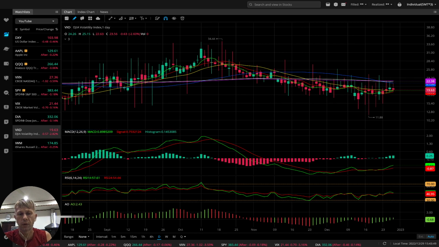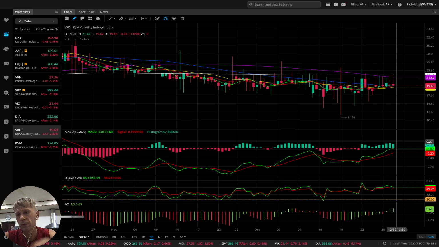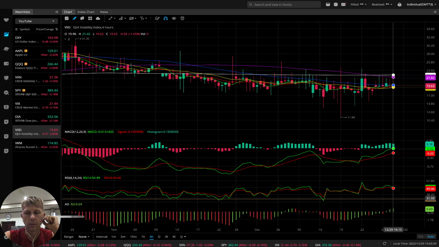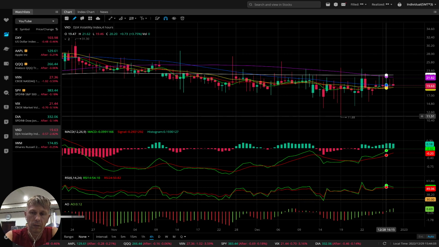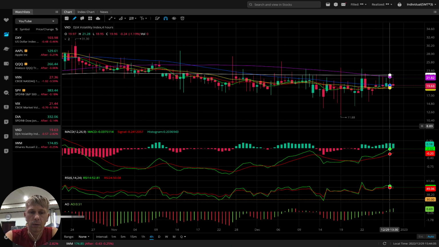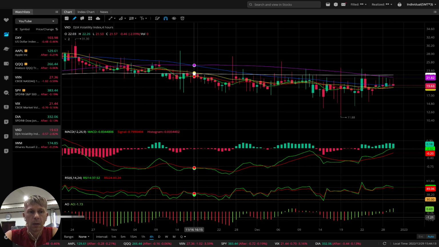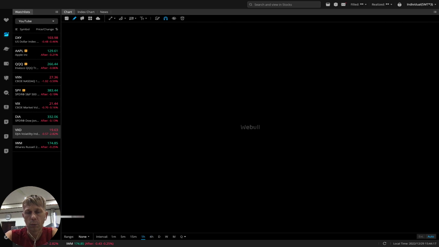Let's move to 4 hours. 4 hours, bullish trend on MACD, bullish on RSI, bullish on awesome oscillator. On 4 hours, it's bearish for Dow. Kind of divergence, right, between the volatility index and Dow Jones.